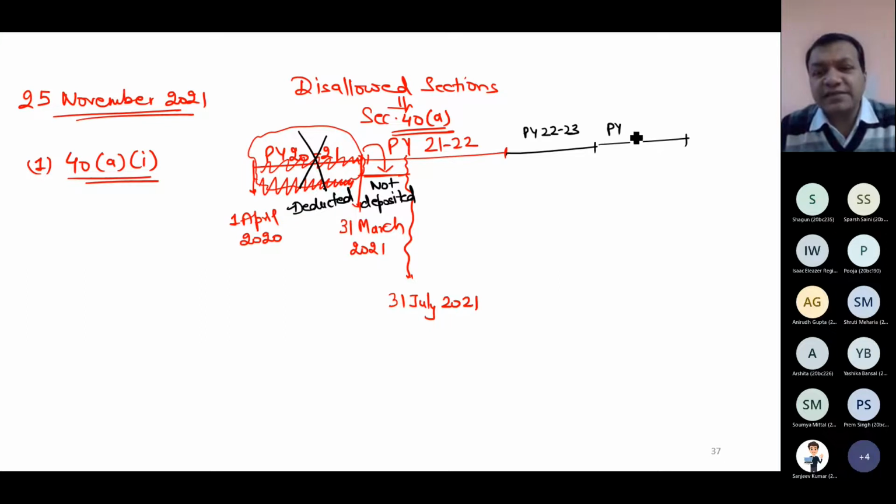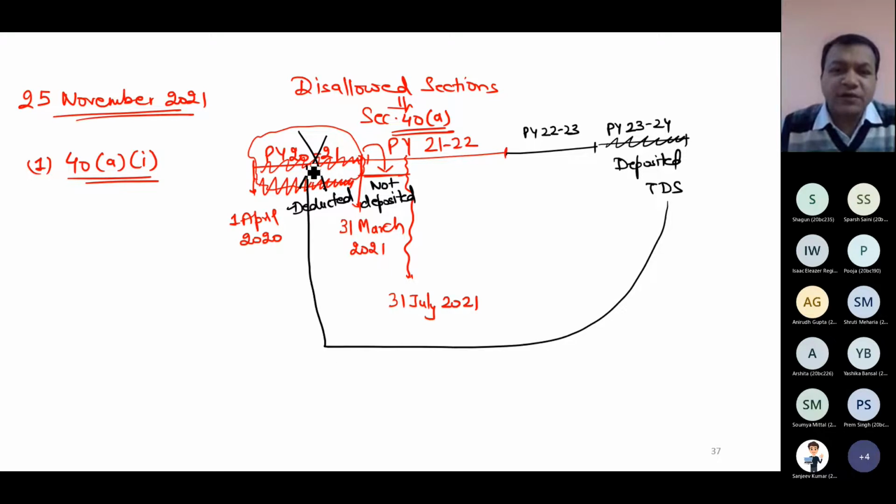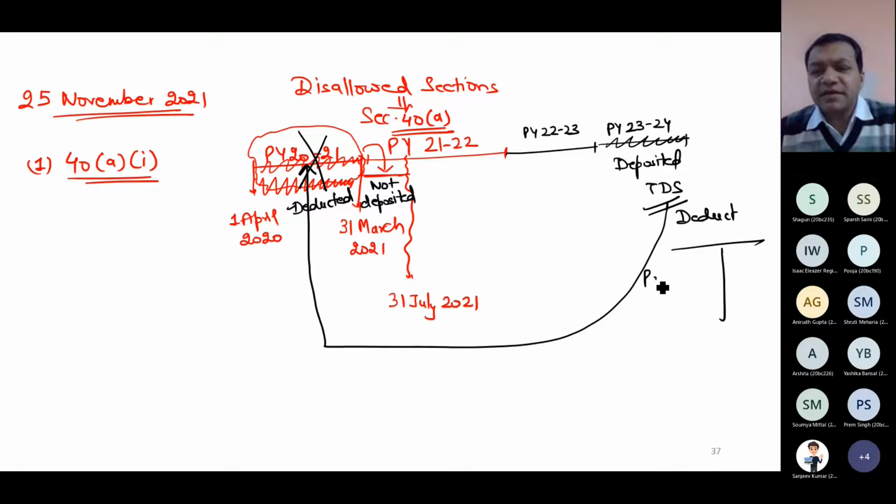Suppose this year I forgot, next year also I forgot, and the year after that I also forget. And if I remember to deposit the tax in this year, suppose I deposited the TDS which was related to the payment made in 2021, then I can deduct the payment in the P&L account of which year?